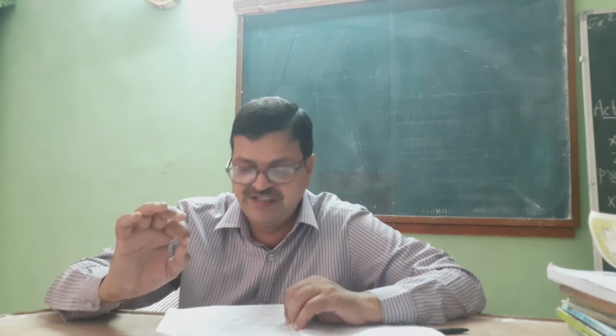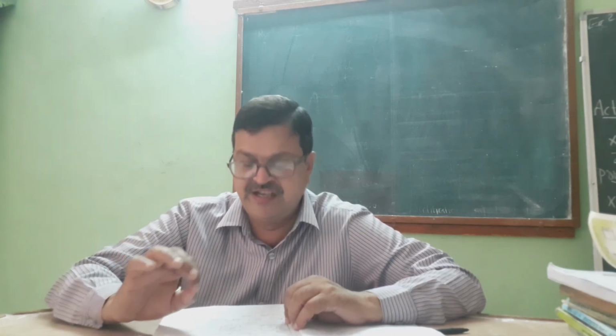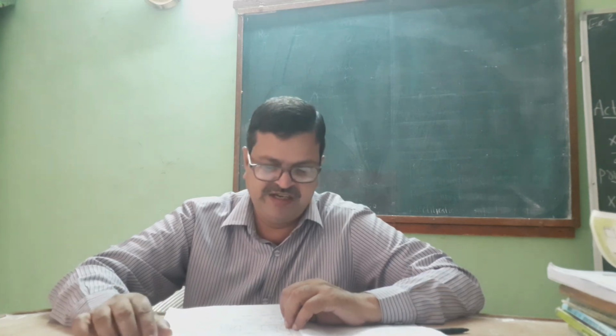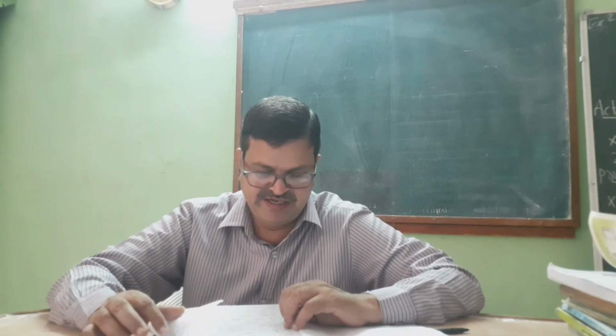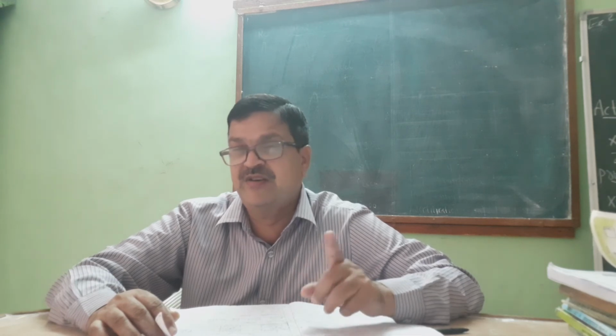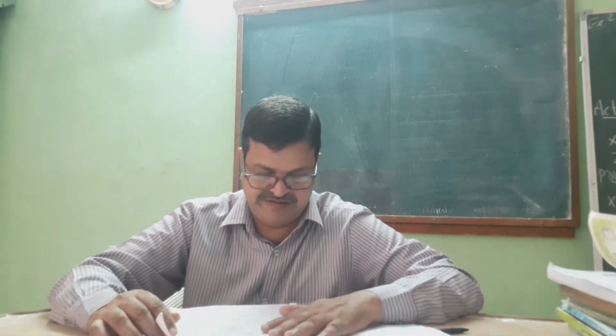Assets having physical existence and that can be touched are called tangible assets. And assets that do not have physical existence and that you cannot touch or see are called intangible assets.